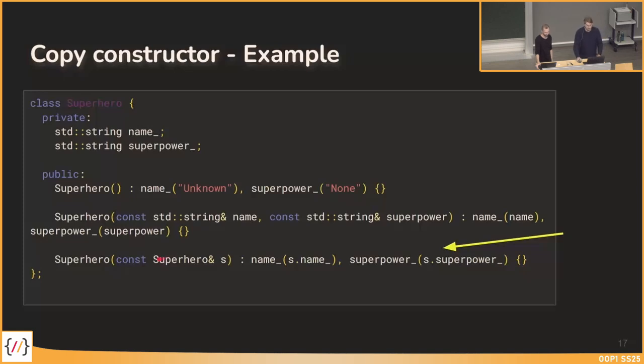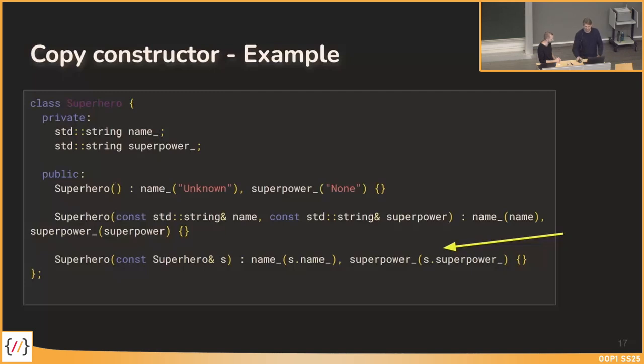The argument that we pass is actually a const reference superhero s. So we pass a superhero to a constructor of the class superhero. Confusing? I totally understand this, but it's a really important and really advantageous concept.